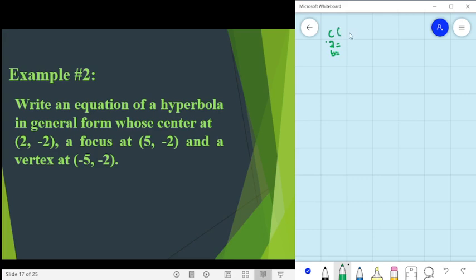So since we have already the center, which is 2, negative 2, now we solve our A, which is the distance from the center to a given vertex. So our one vertex is at negative 5, negative 2.